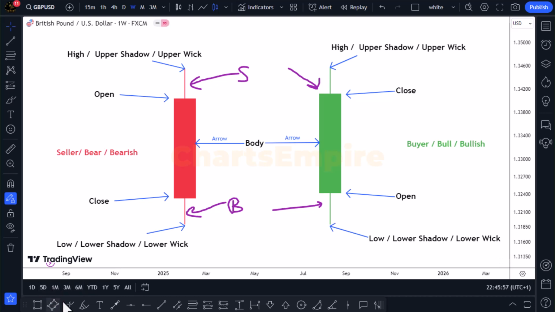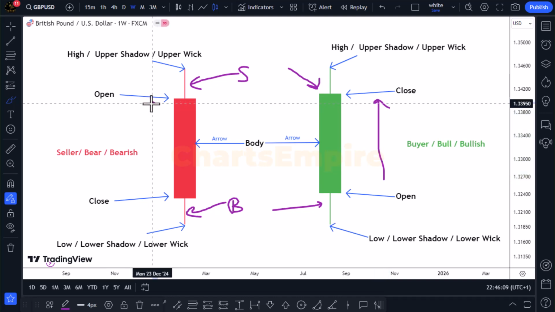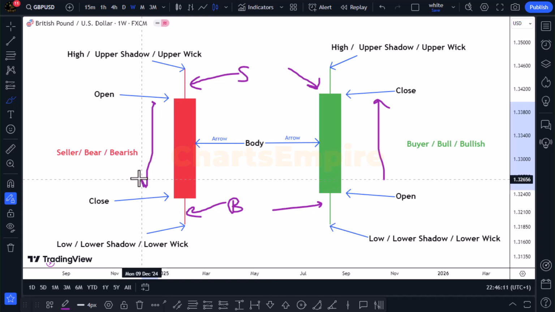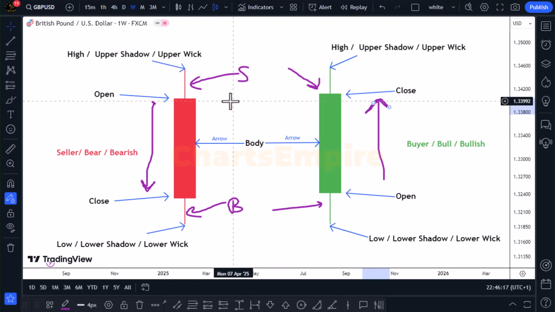So in a bullish candlestick, price opens at the bottom and closes higher. For a bearish candlestick, price opens at a higher level and closes at a lower level. This is what brings about the bullish and bearish candlesticks on your price chart.